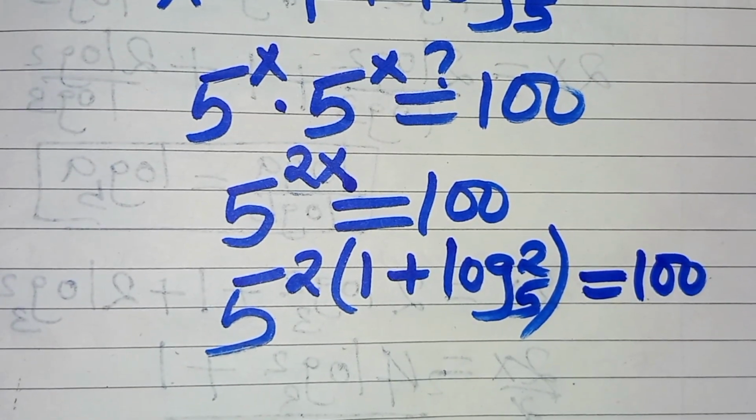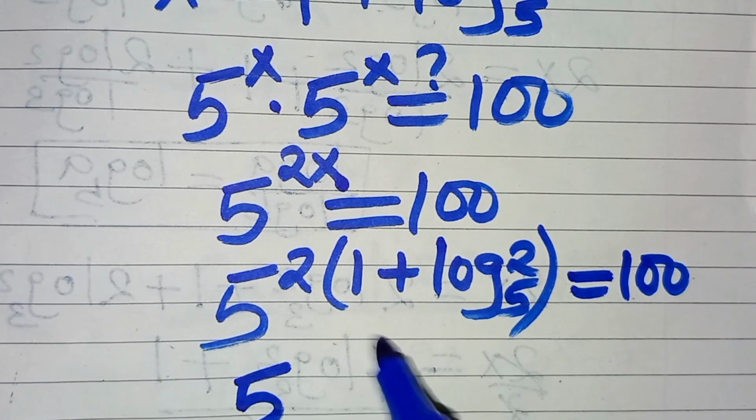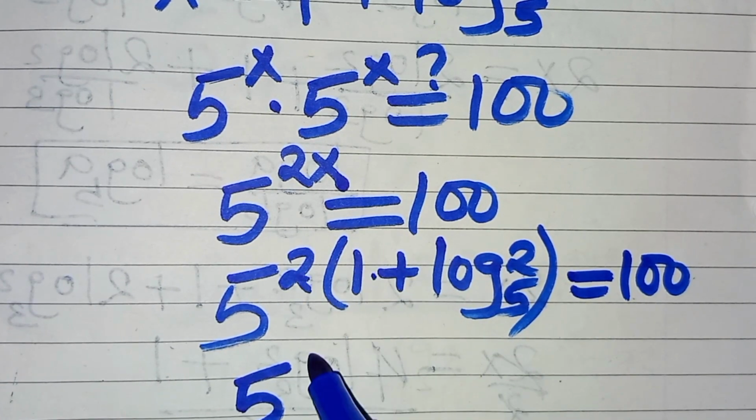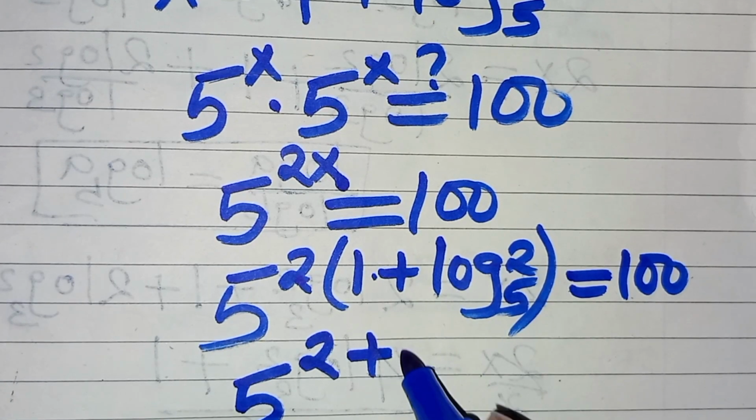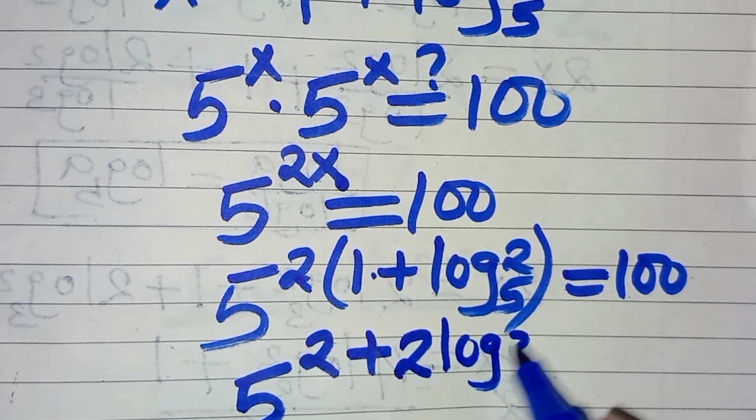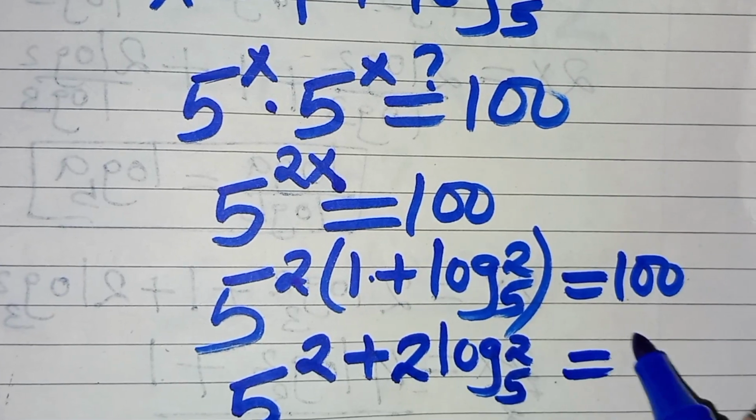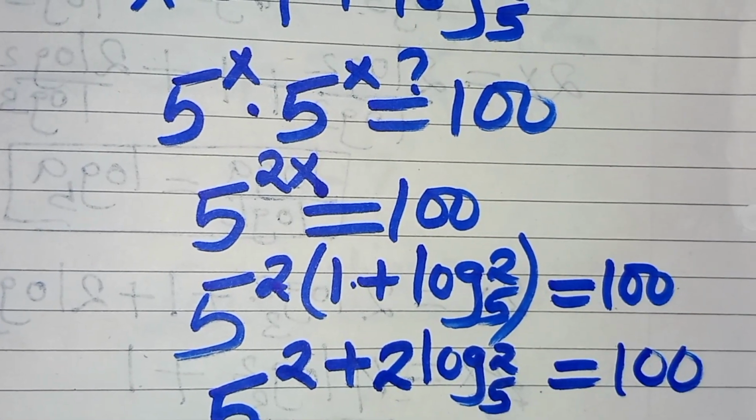The next step here, let's open the parentheses. We'll have 2 times 1, which is 2, plus 2 times log 2 to base 5, which is 2 log 2 to base 5. This is equal to 100.